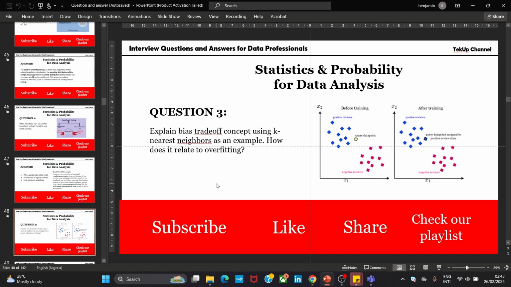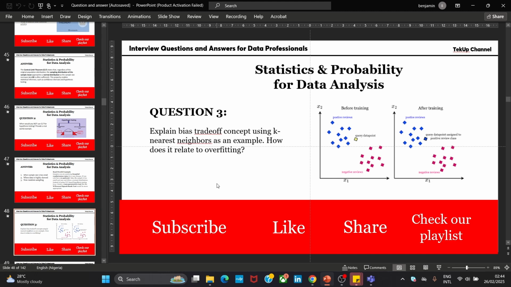When a model is introduced to new data that is not the training data, its performance will be harmed because it will not be able to generalize on the new data set. This is what leads to overfitting. And kindly note that in the situation of overfitting in KNN, small k leads to overfitting.